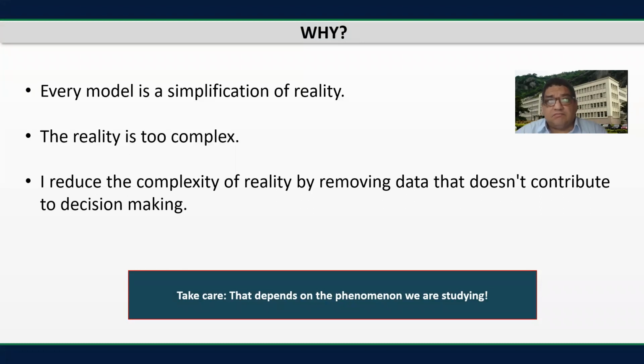Many times we have 1,000 data, and many of them contribute only a little bit to my decision. So I have to choose the main data, the data that is more important to my decision making.